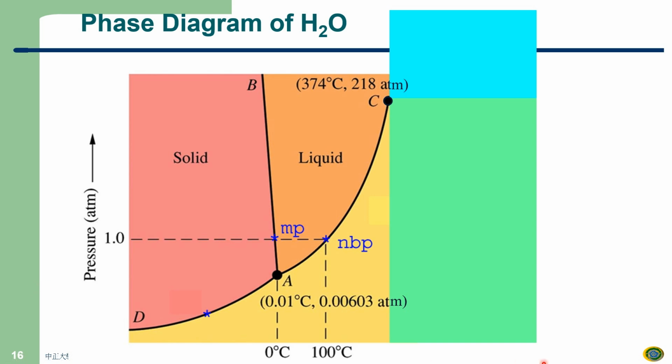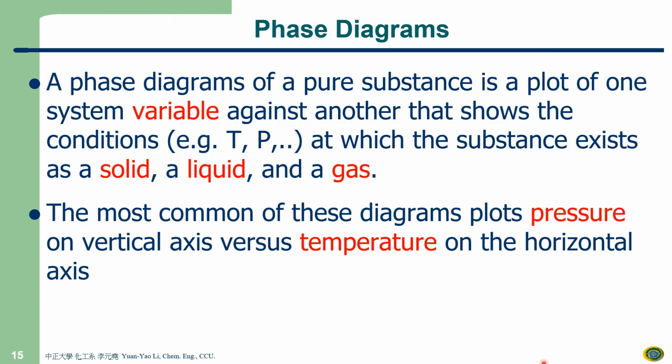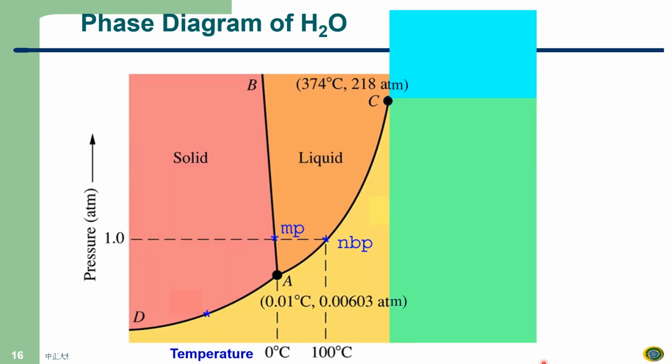So this is NBP. NBP is normal boiling point. At 1 atm, which is atmospheric pressure, right? And then 0 Celsius, 100 Celsius.